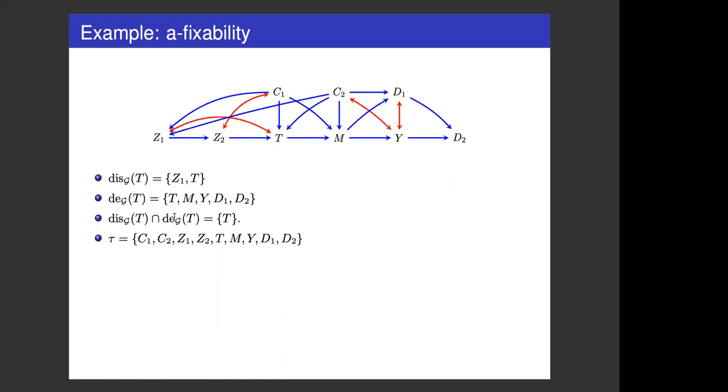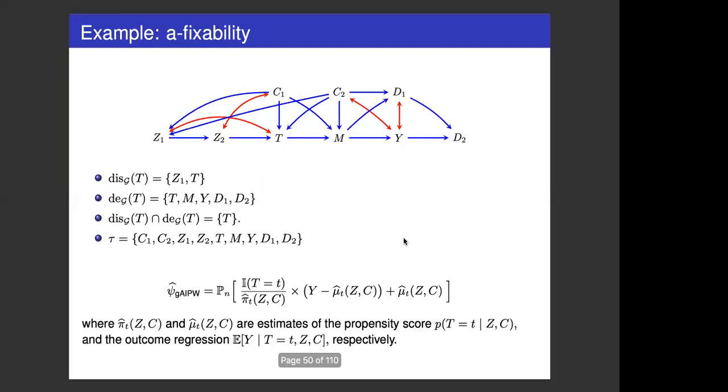The intersection of these two is just T, which implies that T doesn't have a directed path and a bidirected path to any of its descendants. So that's why T is adjustment fixable here. Given this topological order, the Markov pillow of T is just going to be C1, C2, Z1, and Z2. Once we identify that, we can simply use Augmented IPW to estimate the effect of T on Y in this ADMG.